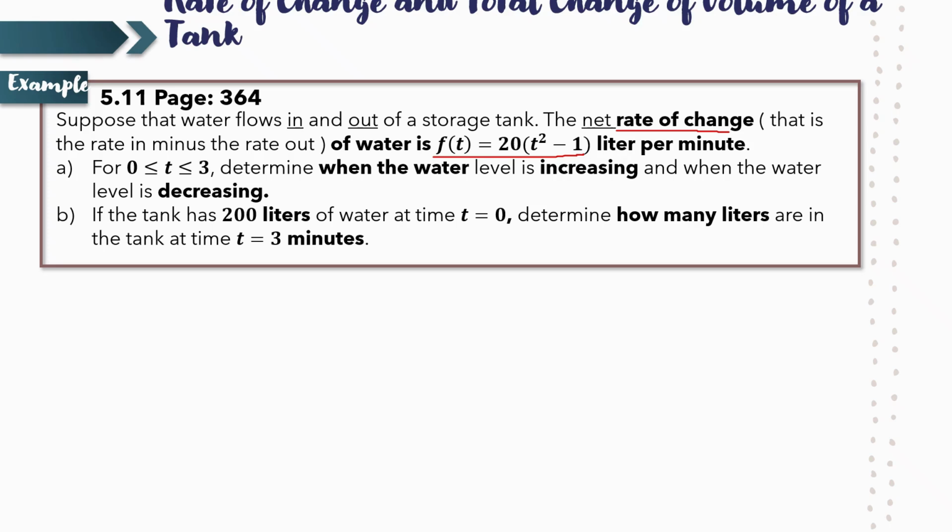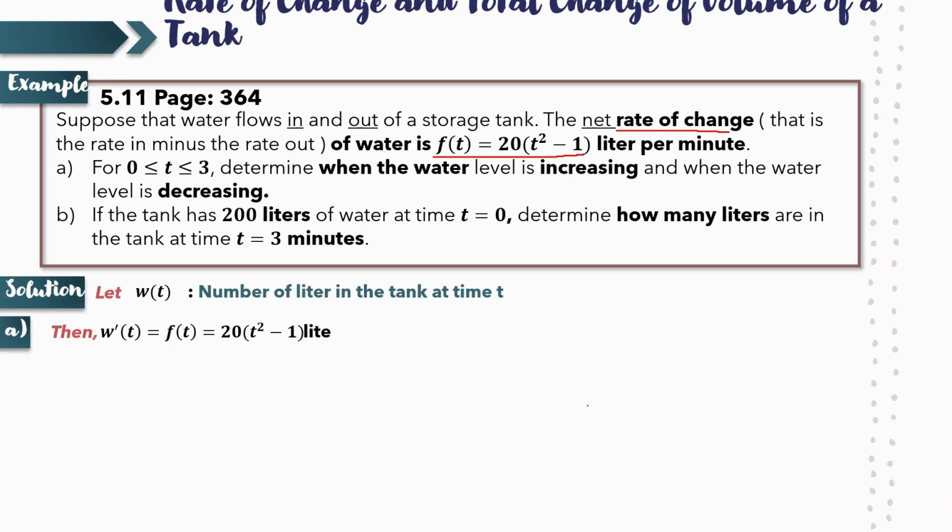So first let's focus on part A. The interval given is 0 to 3. So here we go. W prime is given, because the rate of change of water is given. We denote that function as f of t.